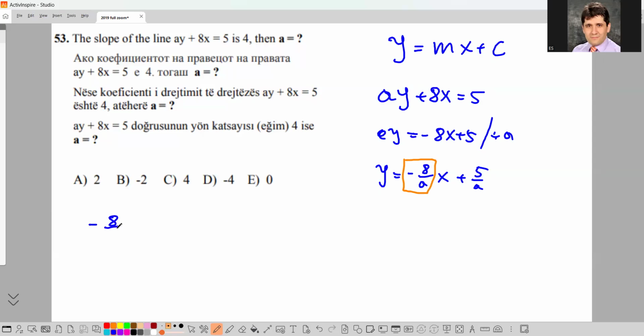So negative 8 over a is the slope. So this should be the slope, which means it's 4. Now negative 8 is equal to 4a. A is negative 8 over 4. That's negative 2. So A is negative 2.